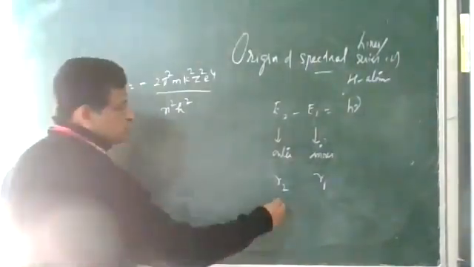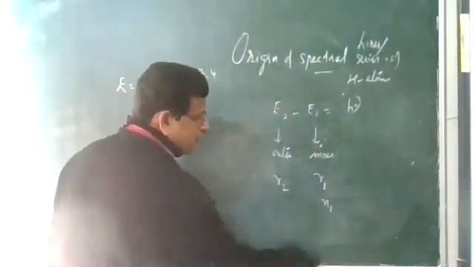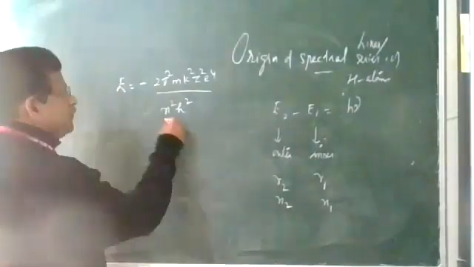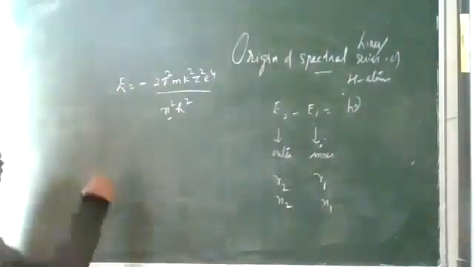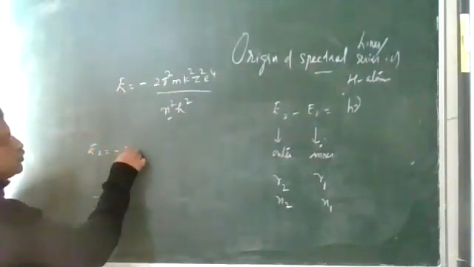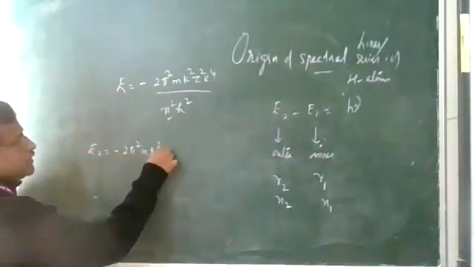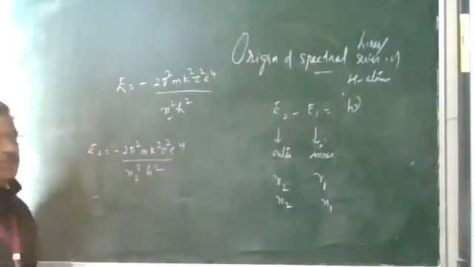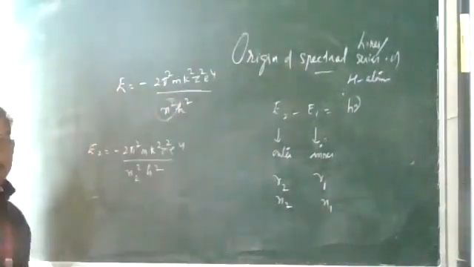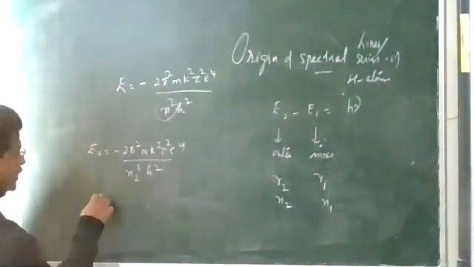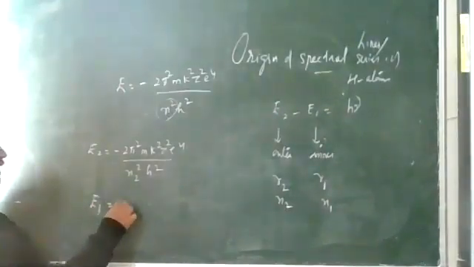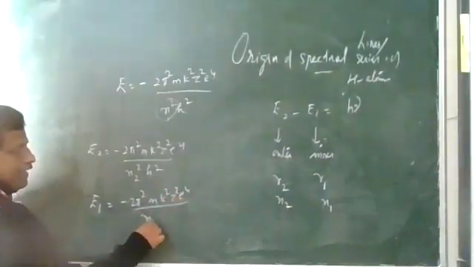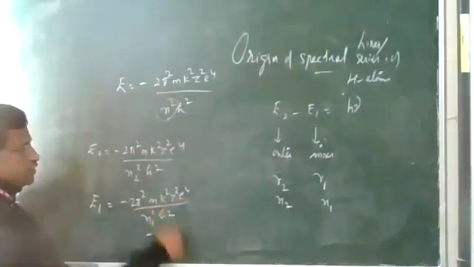We recognize the radius, r1 for n1 inner orbit, r2 for n2 outer orbit, two different radii. So here we change by n. E2 will be equal to minus 2 pi square k square z square e to the power 4 divided by n2 square h square. Only n is changing for the outer orbit. The energy of the inner orbit, E1, is equal to minus 2 pi square k square z square e to the power 4 divided by n1 square h square.